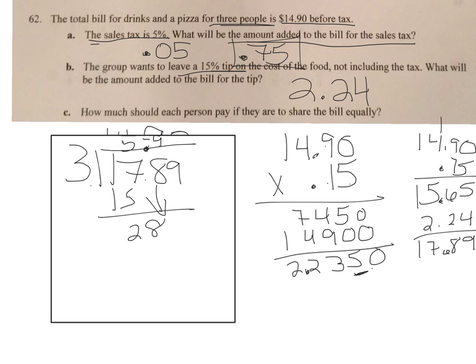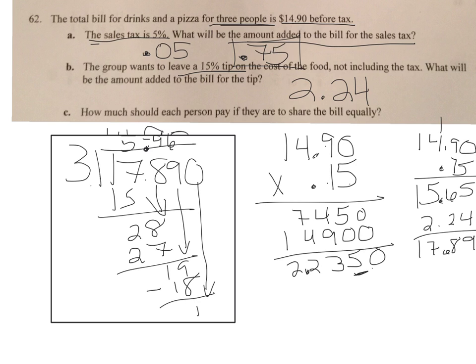Sometimes we get busy with our math and completely forget about the decimal, which will give me 27. And then it'll go in 19 6 times, which gives me 18. And then we got to add a 0, bring it down, which is 10, which will go in there 3 times.